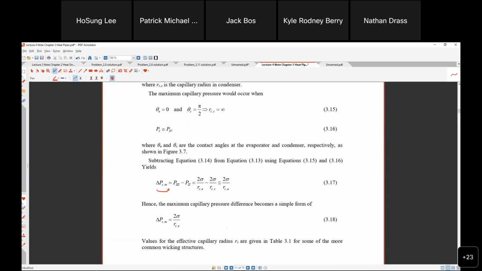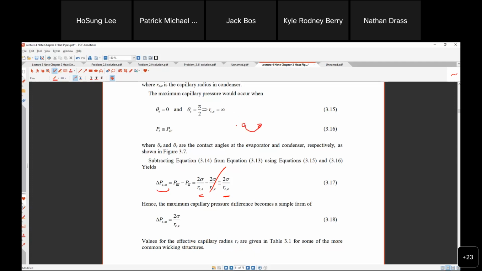Look at that. Critical. It turns out one is too large. I told you at the condensation, this is too large, so it must be this. This is the critical radius at the evaporator.